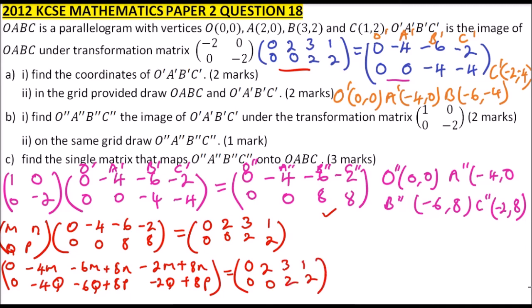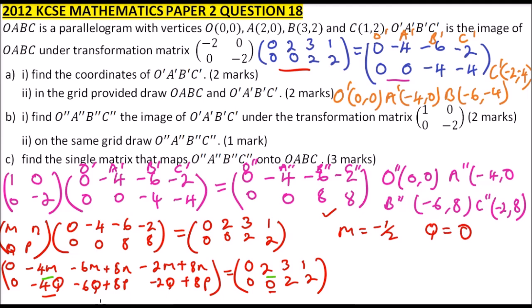So this should give you the values of M. For example, since we are equating the two matrices, minus 4M is the same as 2. So when you equate that, you get M equals minus a half. Then you equate minus 4Q with 0, and you find that Q is equal to 0.